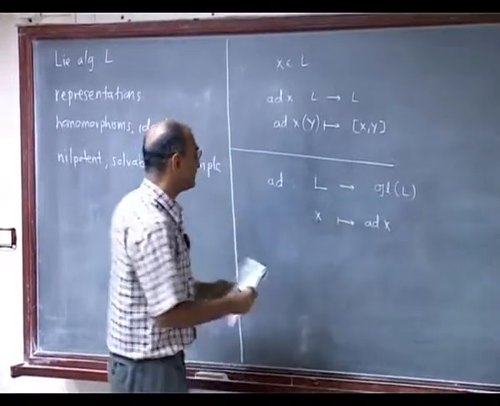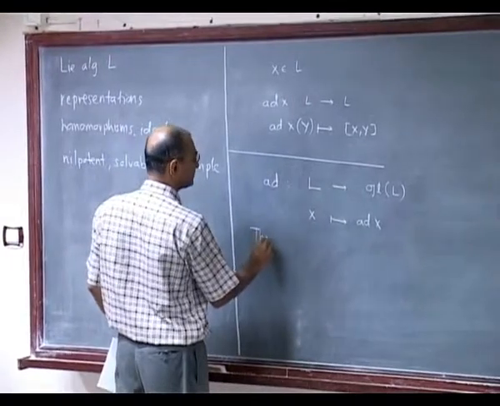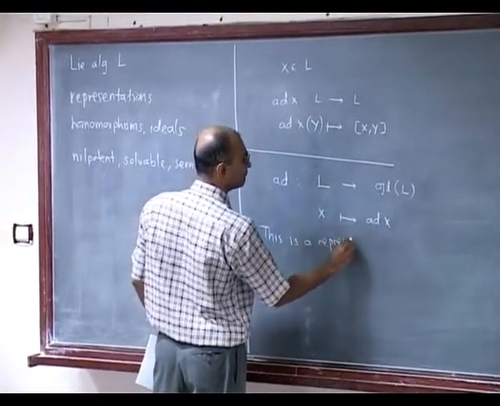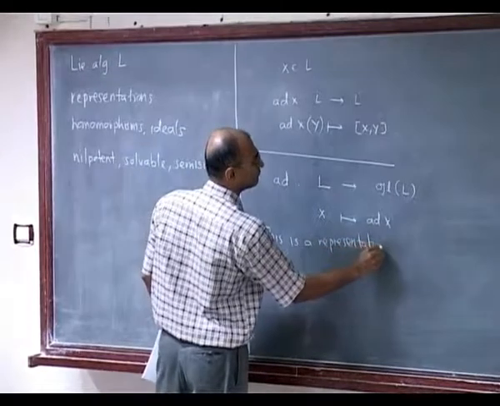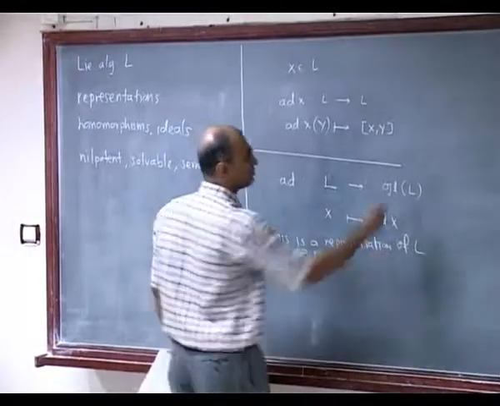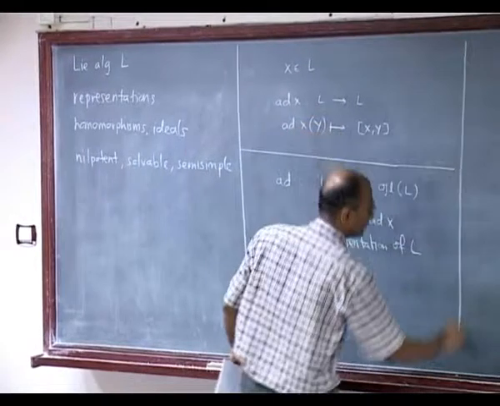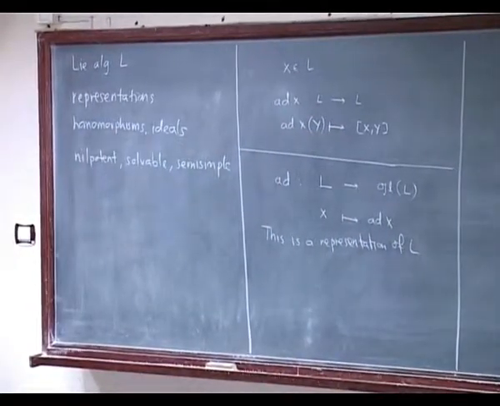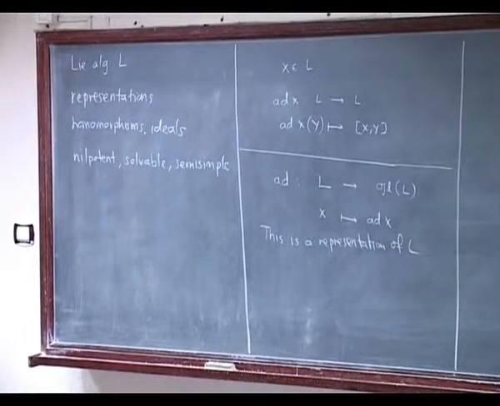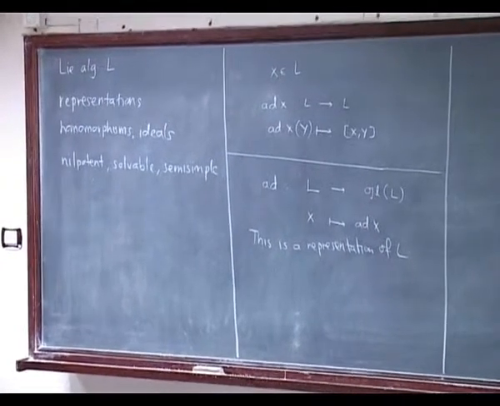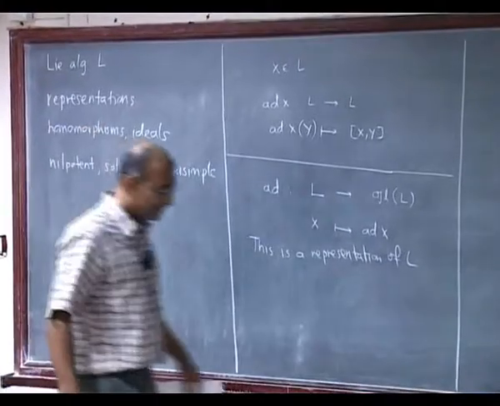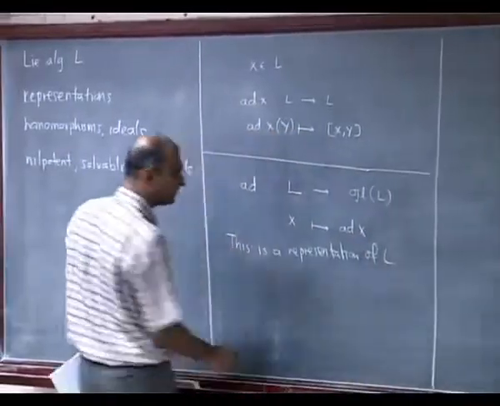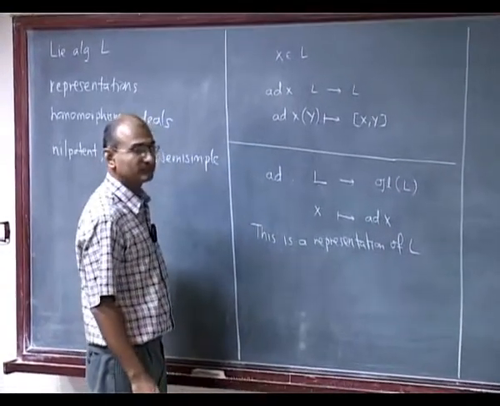So let's just check that. So this is a representation of L. So what has to be checked? So I know that ad x is a derivation, but here I have to check something else. What do I have to check here? Correct.